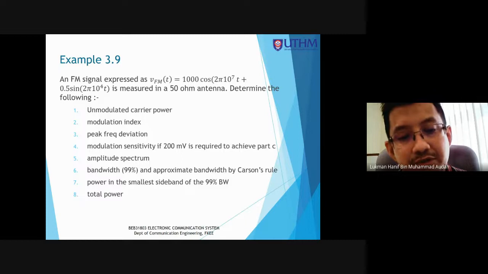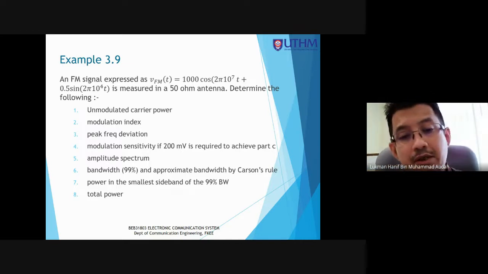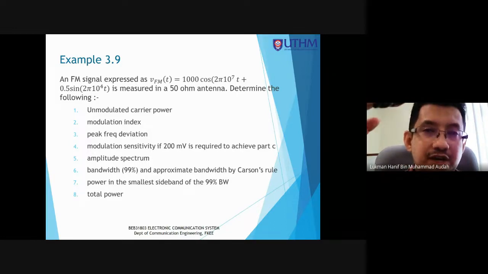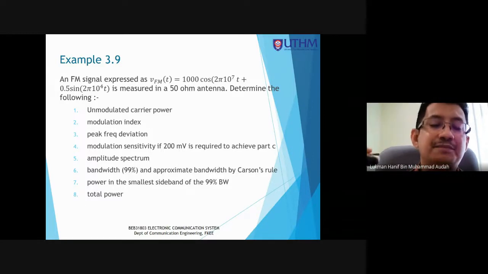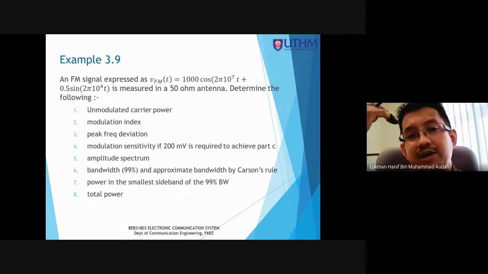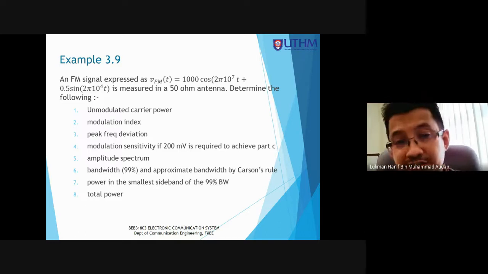Because if you look at the final exam, the question is structured A, B, C, and so on, where you see the question is actually in sequence. First find this parameter, next find another parameter, next another parameter, like that. Usually the questions are systematic, one by one. If we have found the previous parameter, we can use it for the following question.